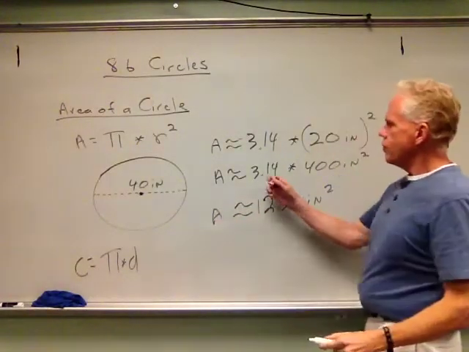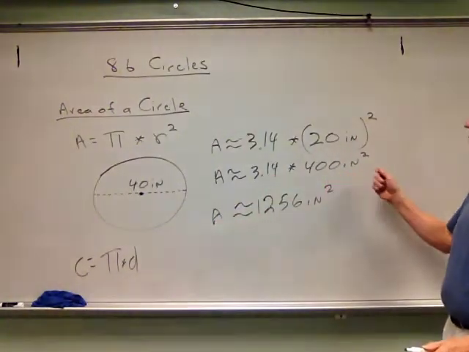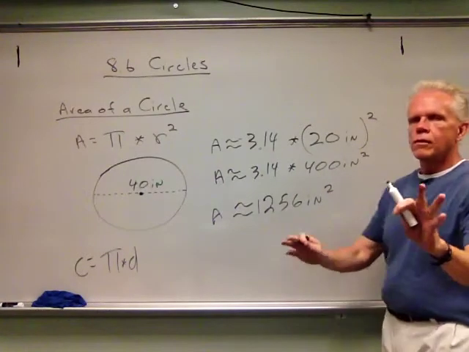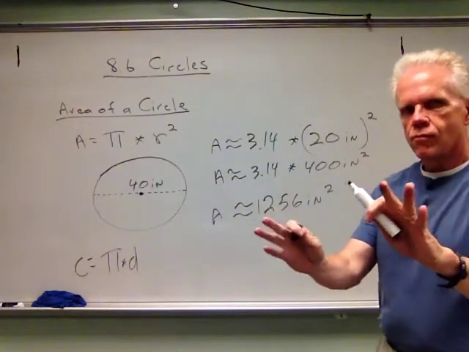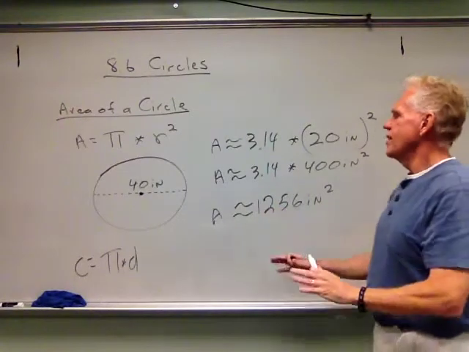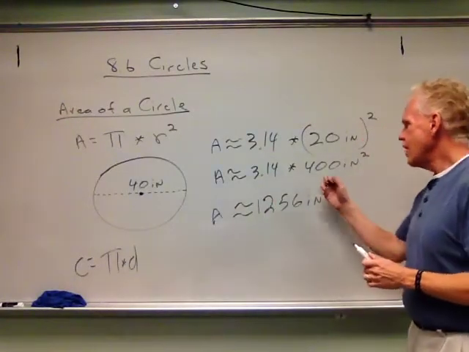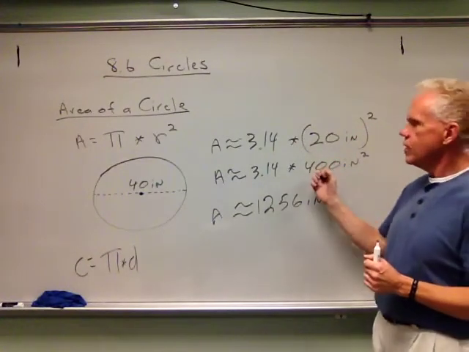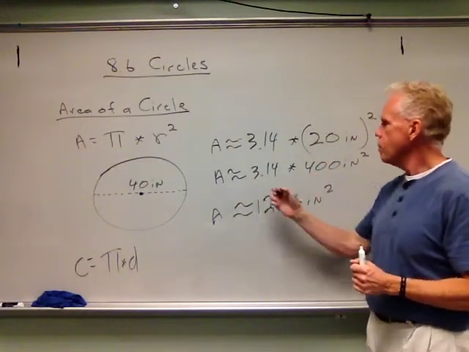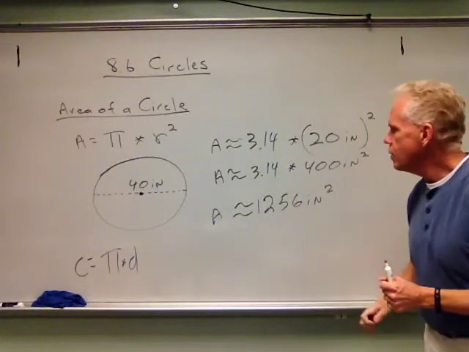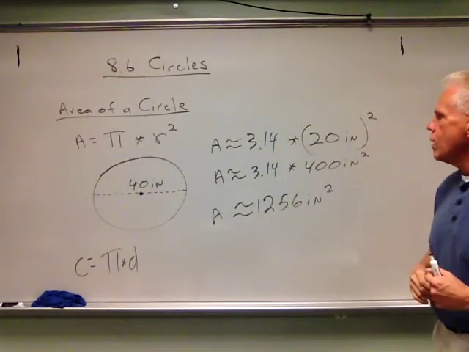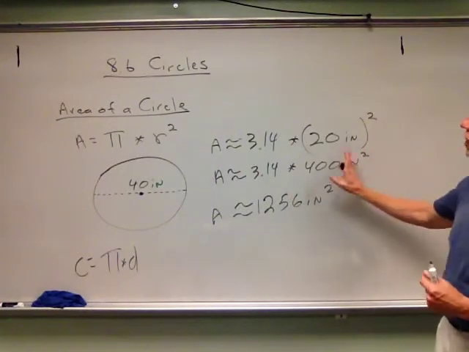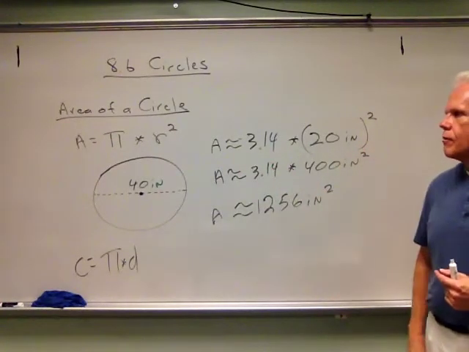You'd be multiplying 3.14 times 400. We already did 20 times 20 to get the 400, so we don't need to go 400 times 400. So 3.14 times 400, I believe, is 1,256 square inches. That's going to be my area for this circle.